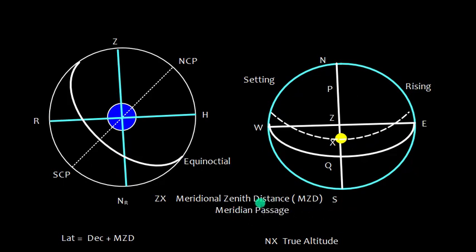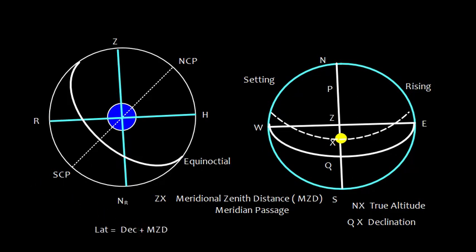Now, N to X is going to be true altitude and Q to X is going to be declination. This gives me a very interesting relationship: if I add this and this, I can get this one, which is nothing but latitude. So, latitude can be obtained by adding declination and meridional zenith distance.